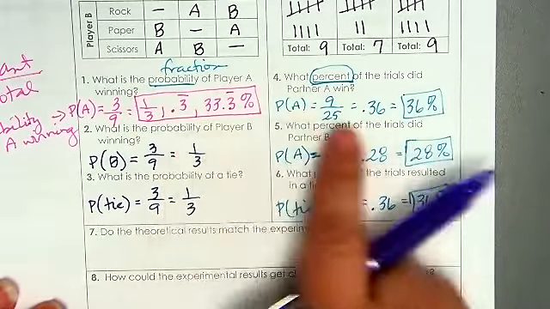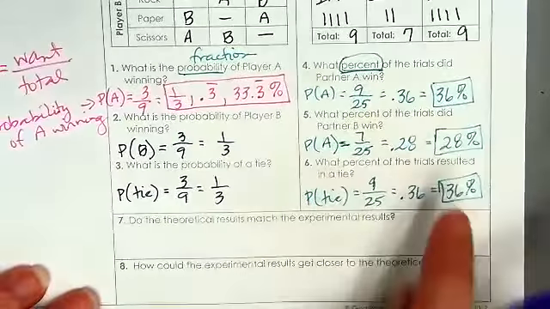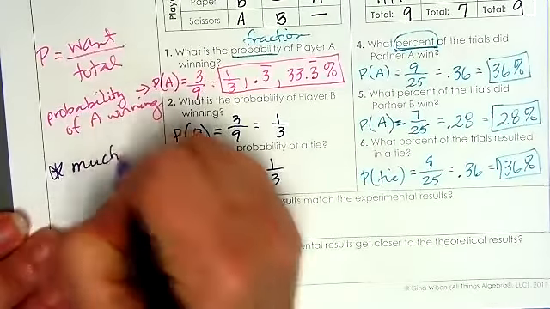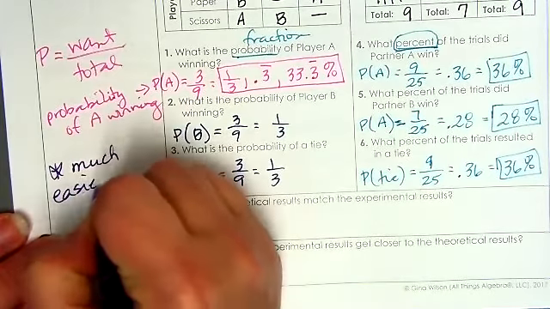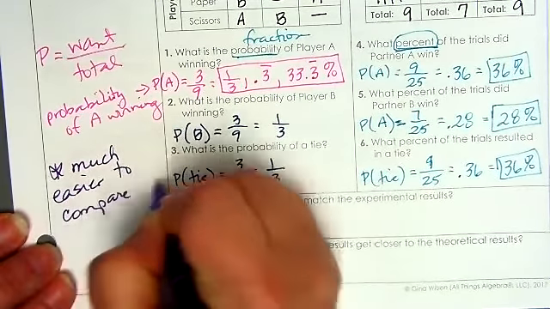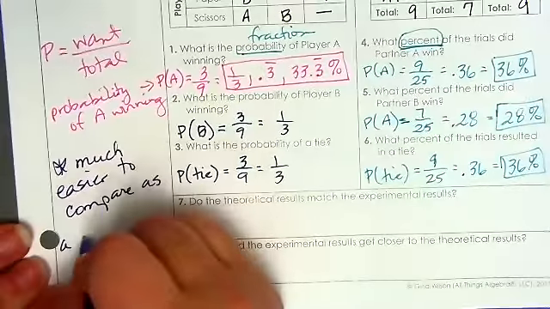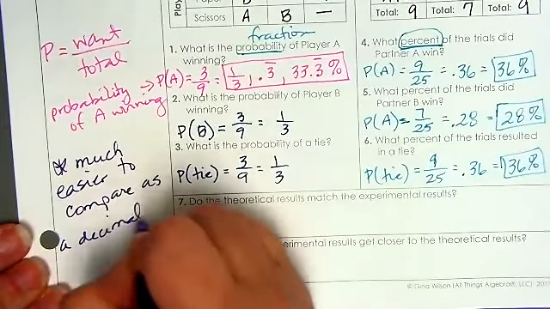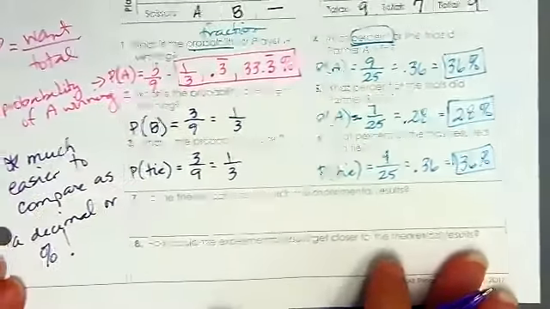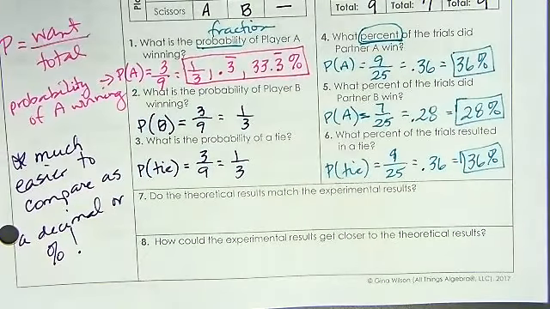It's much easier to compare as a decimal or percent. That's why you want to write it in all the different forms. So do the theoretical results match the experimental results?